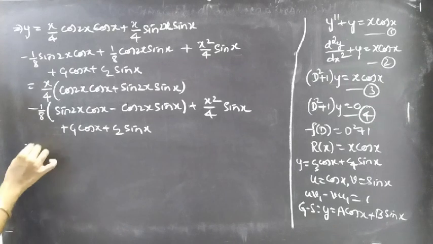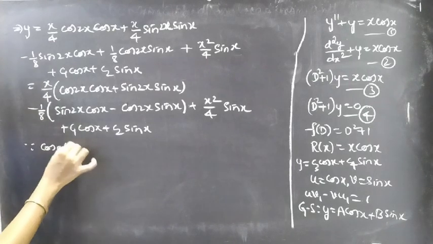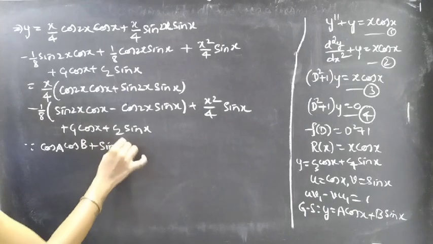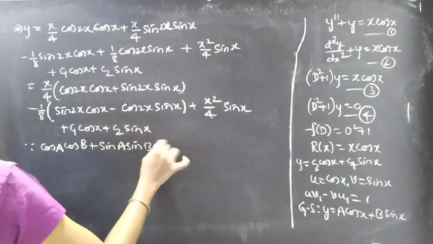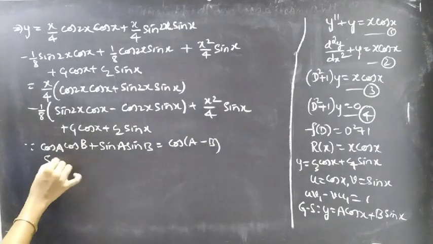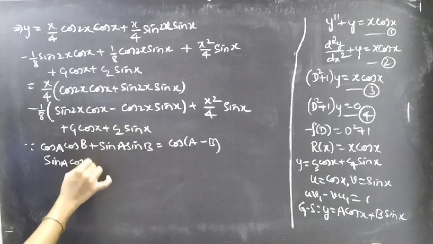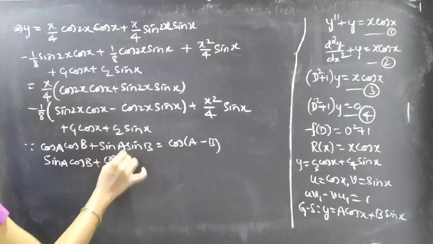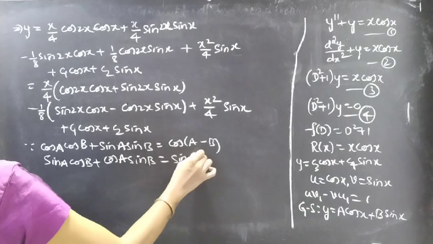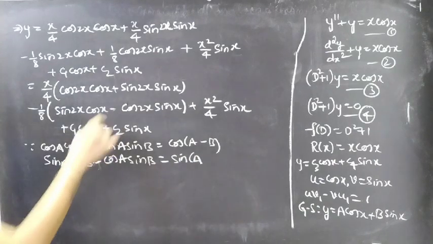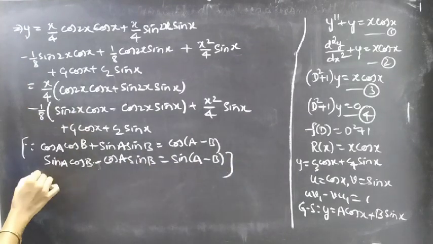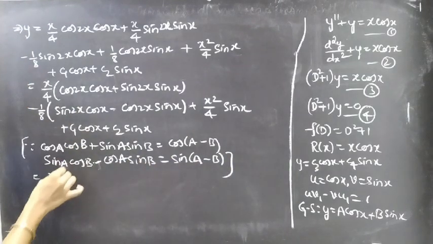Since we know that cos A cos B plus sin A sin B equal to cos A minus B, and sin A cos B minus cos A sin B equal to sin A minus B. Now let's apply this formula in the above equation.